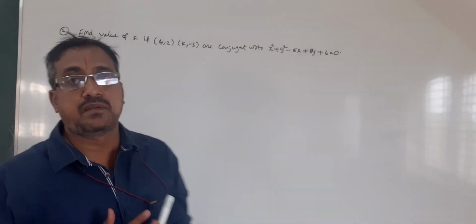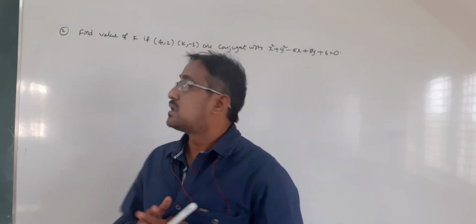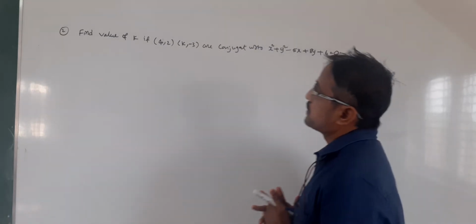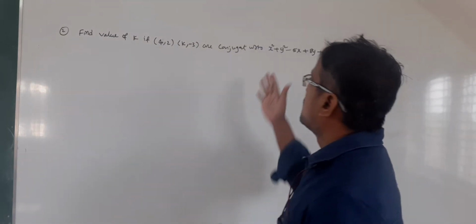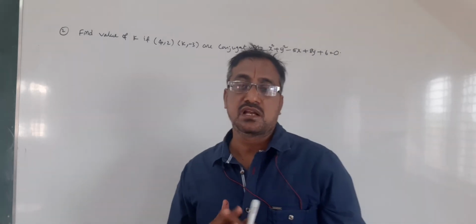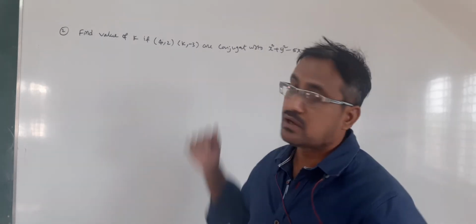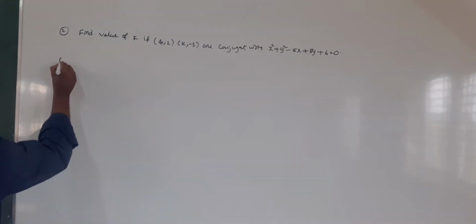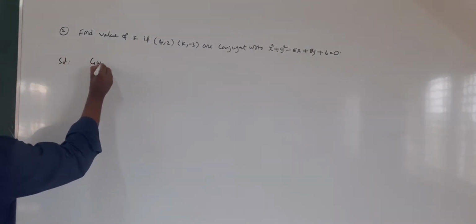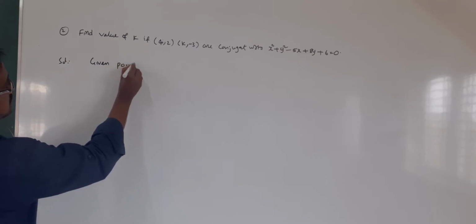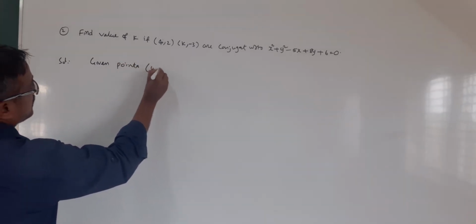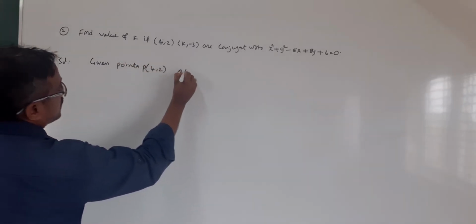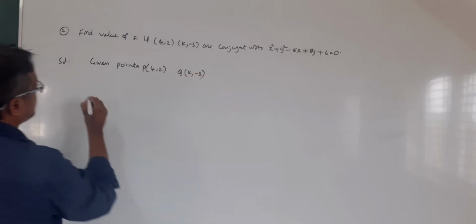Now in the second problem they have given that the points (4, 2) and (k, -3) are conjugate with this circle, so that you have to find the value of k. So given points (4, 2) and (k, -3).